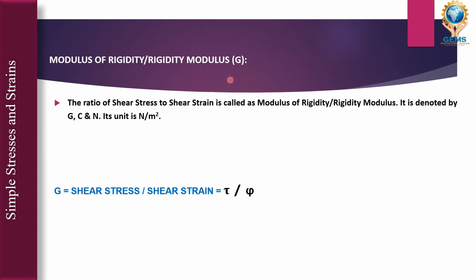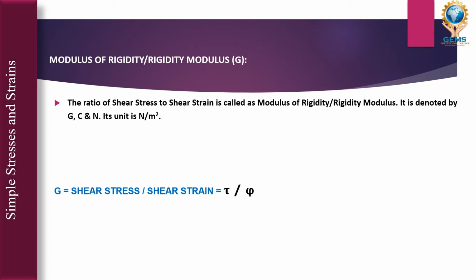within the elastic limit is known as modulus of rigidity, or we can say shear modulus or rigidity modulus. Understand? One more thing you have to keep in mind is that it is denoted by the letters C, G and N. So don't get confused.